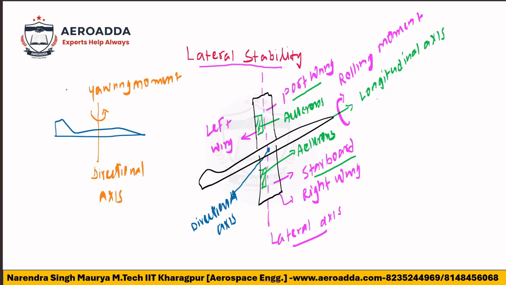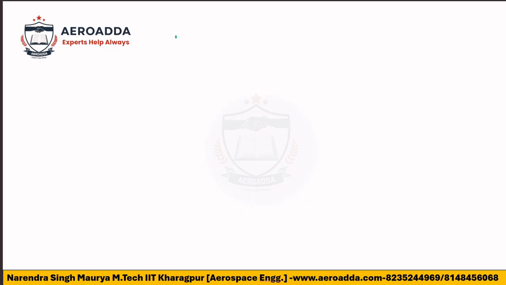So in short, for lateral stability, I will write this, please follow. Lateral stability. Once lateral comes, it relates to the rolling moment. This rolling moment is generally denoted by capital L. Please make a note of it.